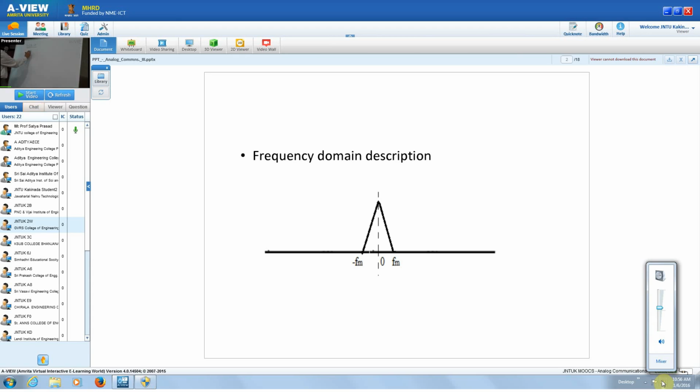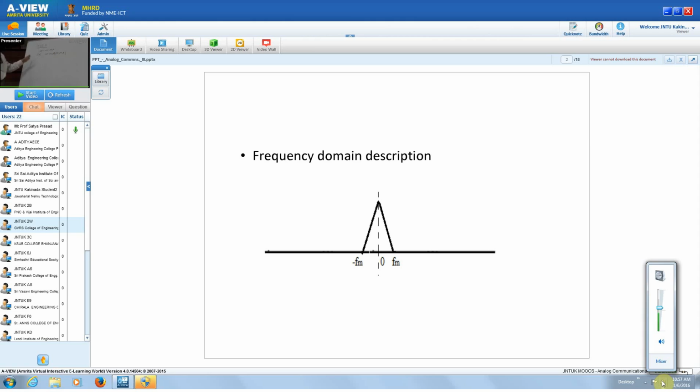Your s of t is, so to get back your signal, the output of again a product modulator, we are going to have m of t cos omega ct into cos omega ct plus phi.